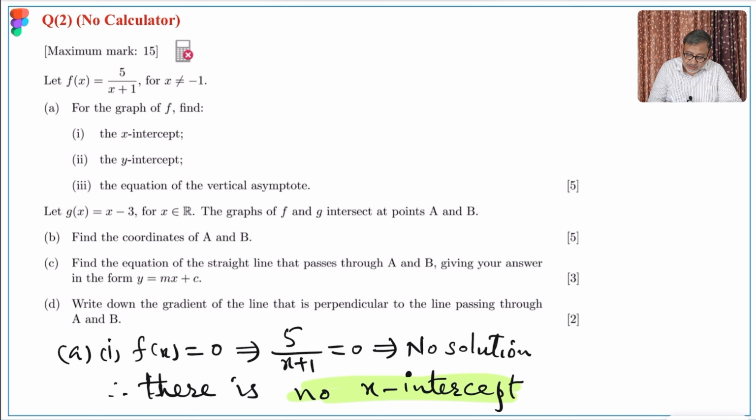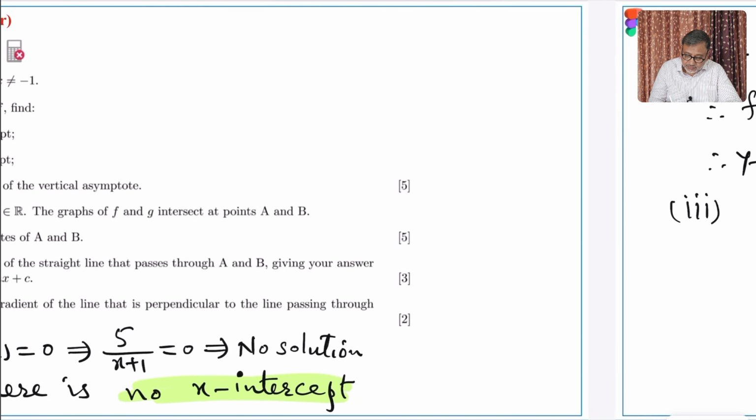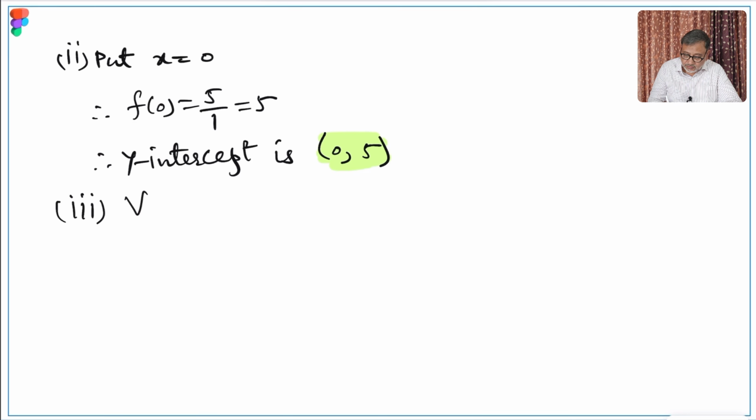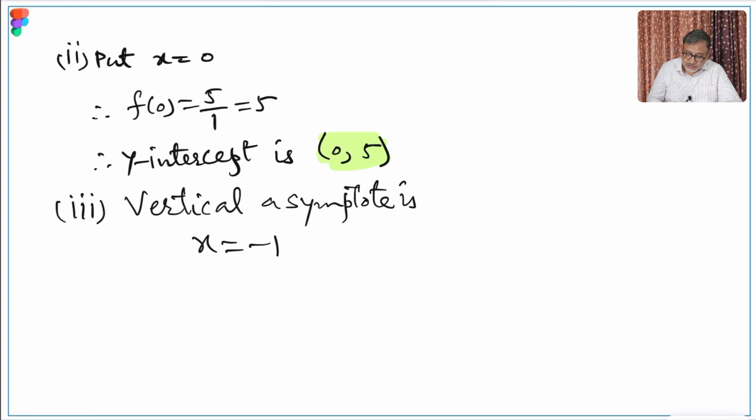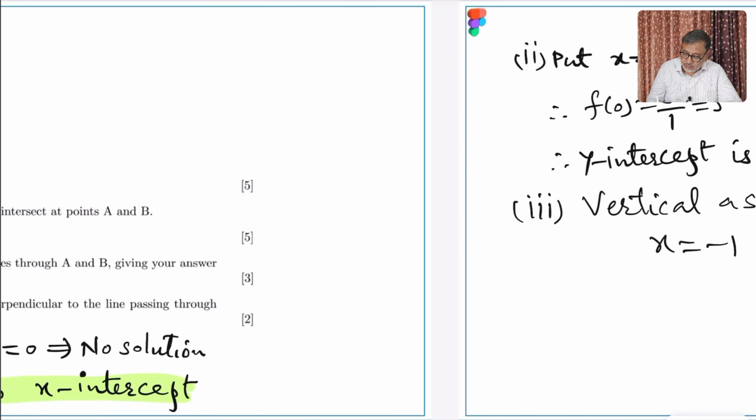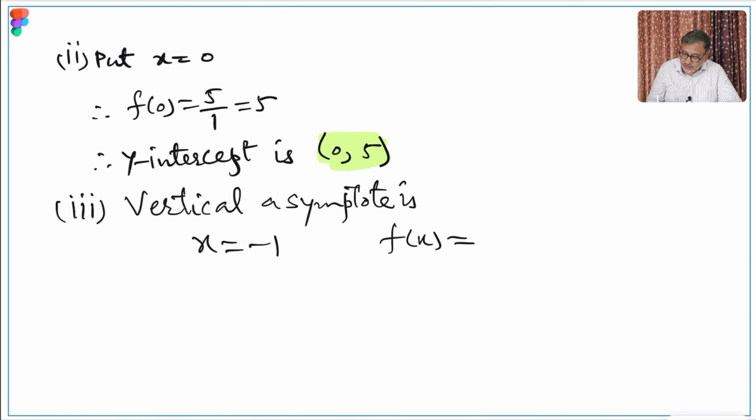So the vertical asymptote is x is equal to minus 1, because this function f of x is 5 upon x plus 1. Here x cannot be minus 1, therefore x is equal to minus 1 becomes the vertical asymptote.